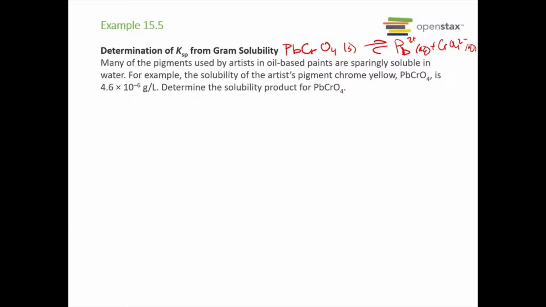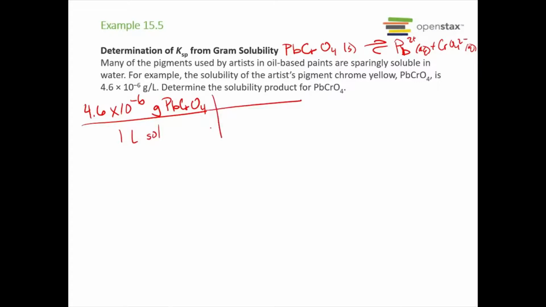And then let's go ahead and convert our solubility that we're given in grams per liter. We need this in moles per liter. So we were told we have 4.6 times 10 to the negative 6 grams of PbCrO4 for every 1 liter of solution.